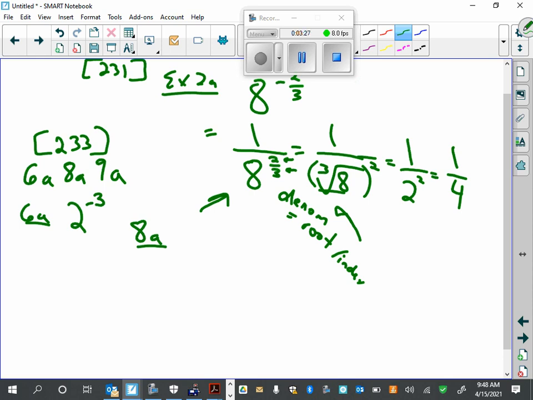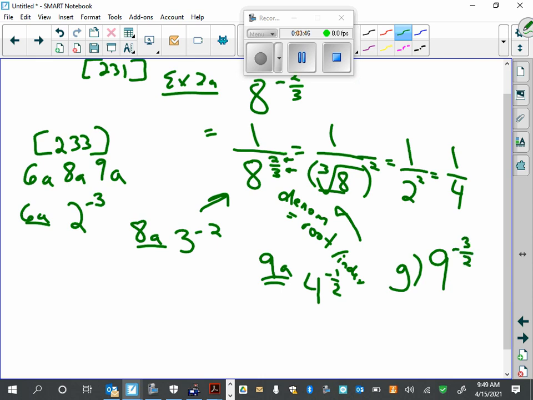6A is 2 to the negative third from yesterday, which is 1 over the positive. 8A, 3 to the negative second. Well, that's the same thing as we just did. 9A, okay, here's the new stuff today. 9A is 4 to the negative 1/2. And I'm going to do G right now. We were supposed to do G after we practice, but I feel like you are on a roll.